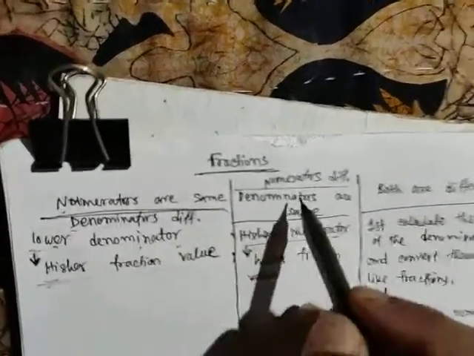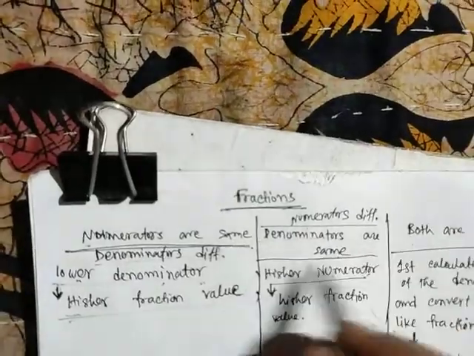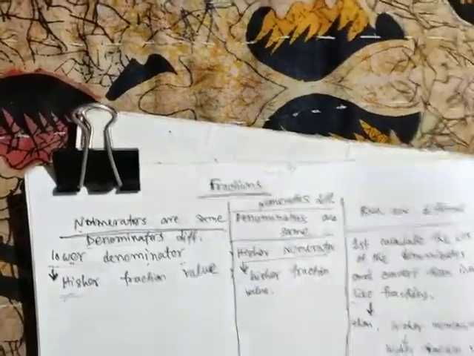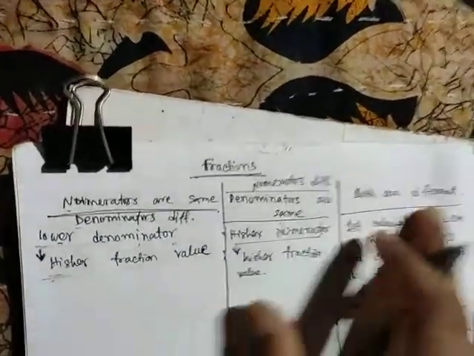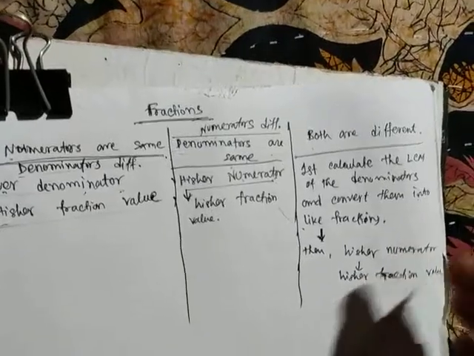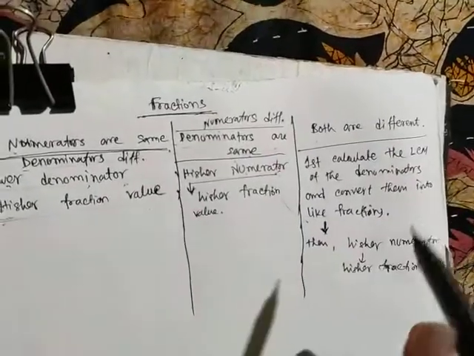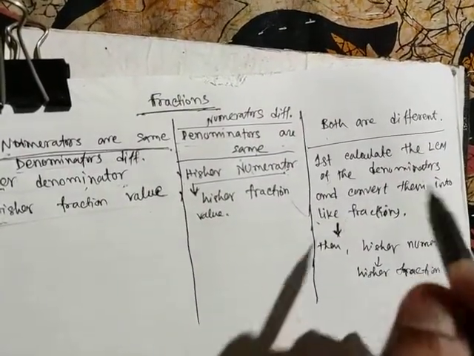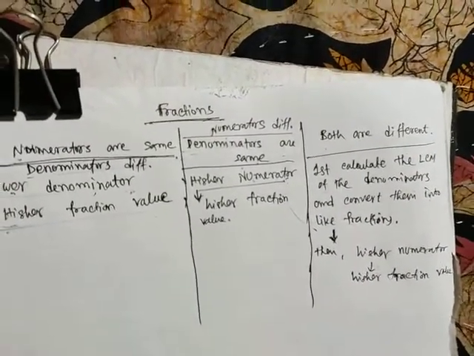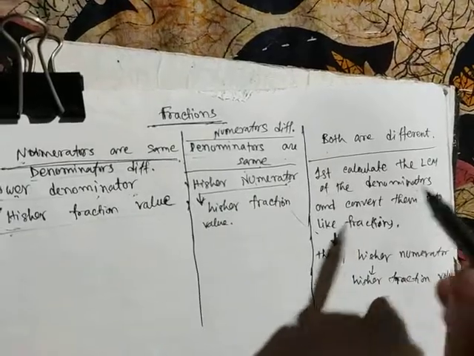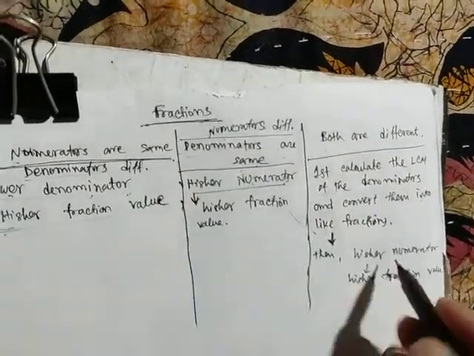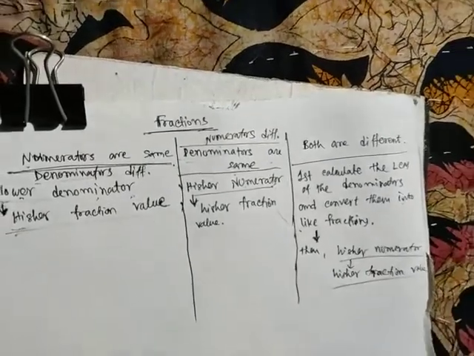Next, numerators different but denominator the same: the higher numerator gives the higher fraction value. When both are different, first convert all the fractions into like fractions. How? First calculate the LCM of the denominators and convert them into like fractions. Then follow this method: when denominators are the same but numerators different, higher numerator means higher fraction value.